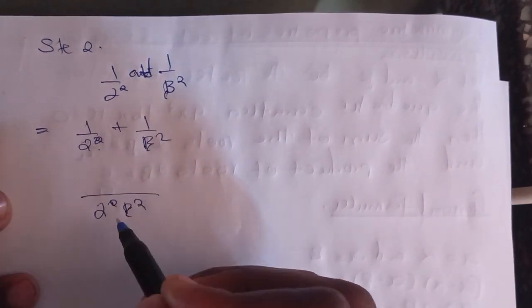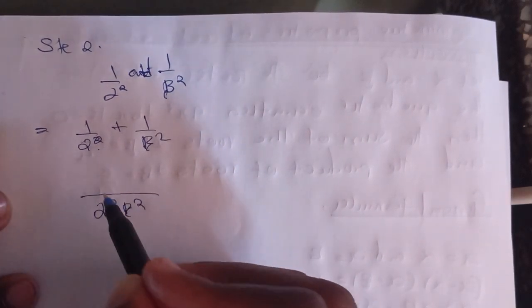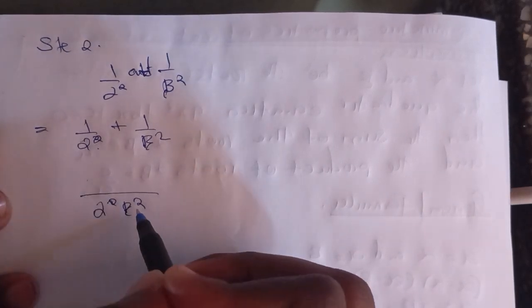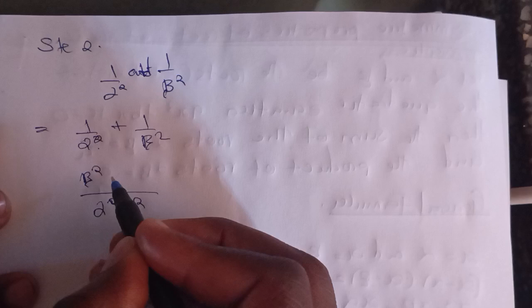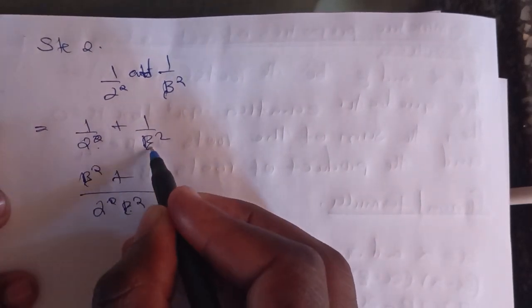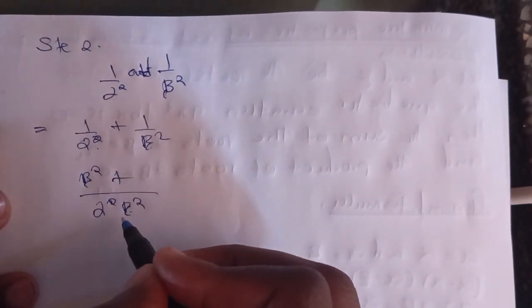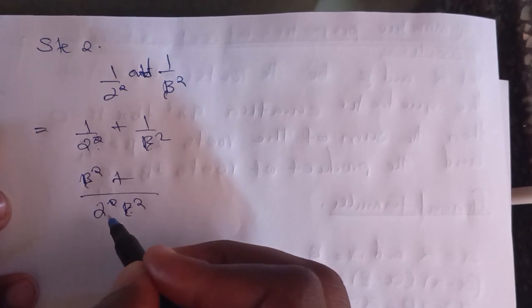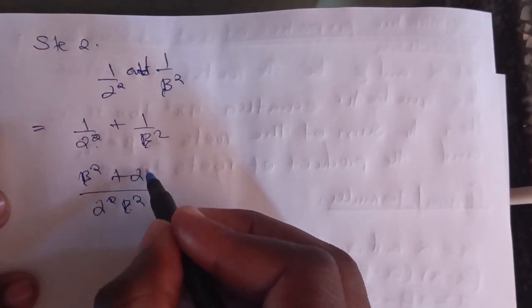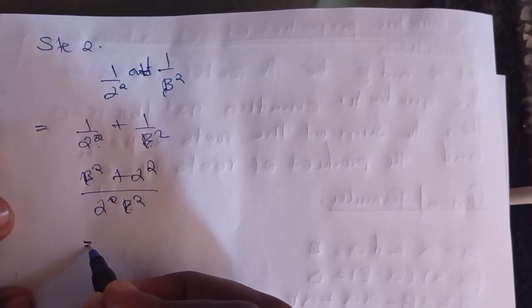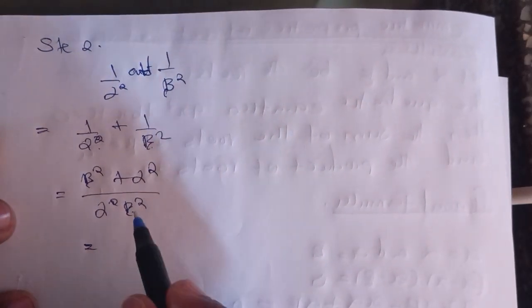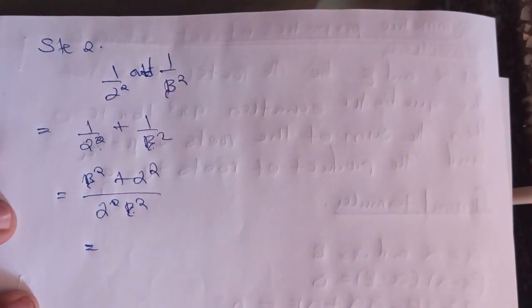So alpha squared into alpha squared beta squared, the alpha squared will cancel, remain with beta squared. So beta squared multiplied by 1, we get beta squared. Plus beta squared into alpha squared beta squared will be cancelled, then will remain with alpha squared. Okay, this is good. So now here, ladies and gentlemen, you have seen that on the denominator, it's easy to manipulate because we have alpha squared and beta squared.